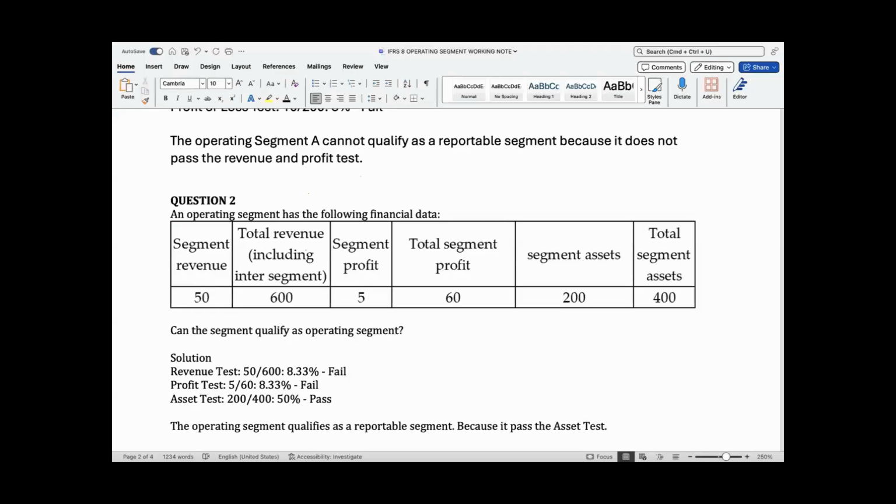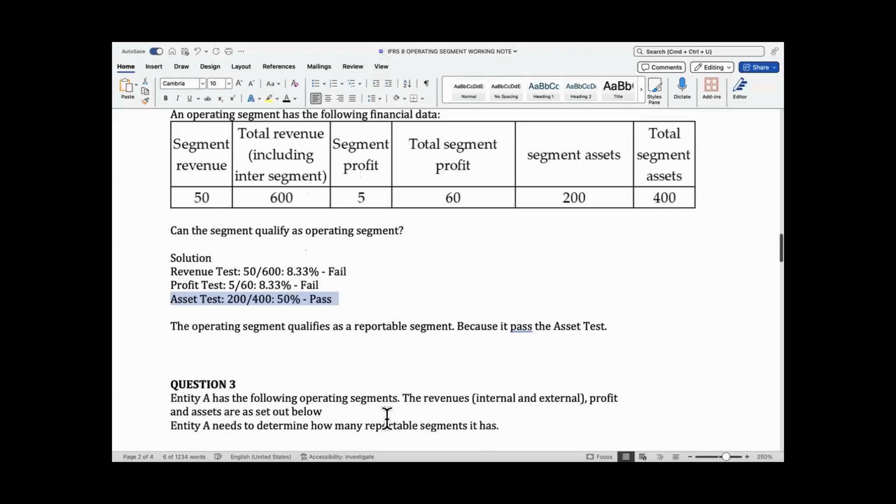So you can see that even though it only passed the assets test, it still qualified. It only needs to pass just one of them, not everything. As soon as it passes just one, that's all. It is a reportable segment. You can go ahead and prepare and present segment information on that particular segment.